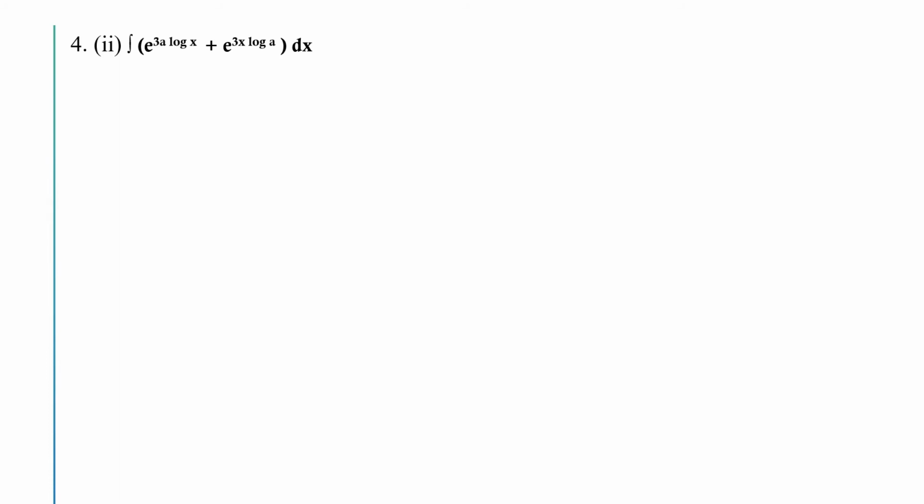The next one, integral e raised to 3a log x plus e raised to 3x log a into dx. Let us take this as I. So I is equal to integral e raised to 3a log x, we can write it as e raised to log x raised to 3a, plus e raised to 3x log a, we can write it as e raised to log a raised to 3x, into dx.